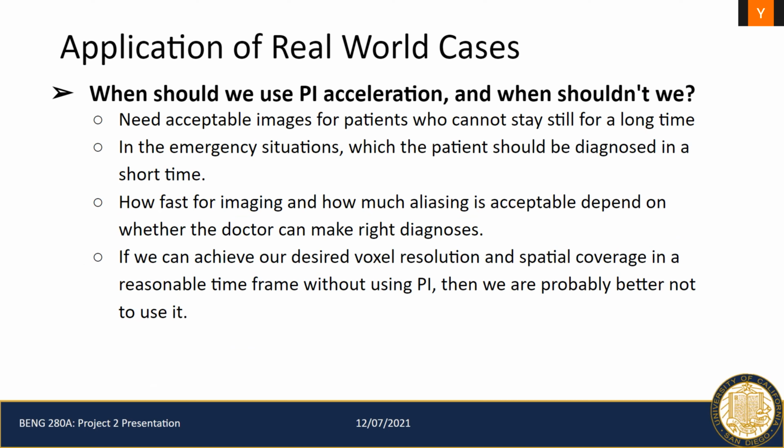And secondly, in emergency or specific situations, where the patients have to be diagnosed in a short time. Remember that how fast the imaging is and how much aliasing is acceptable depend on whether the doctor can make a right diagnosis. If we can achieve our desired voxel resolution and spatial coverage in a reasonable time frame without using parallel imaging, then we're probably better off not using it.